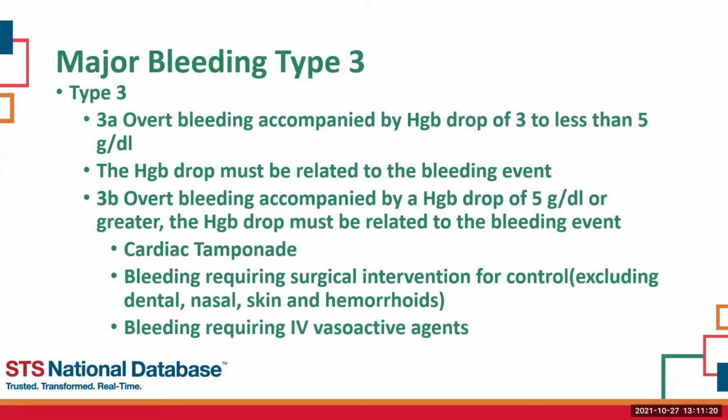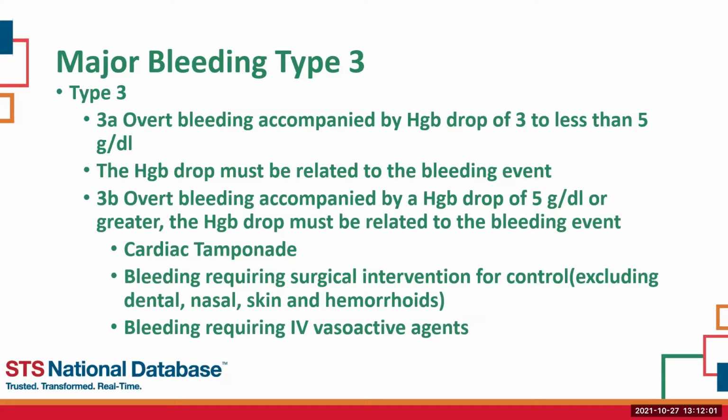Our major bleeding type 3, we have 3A and 3B. 3A is overt bleeding accompanied by a hemoglobin drop of 3 to less than 5, and the hemoglobin drop must be related to the bleeding event. 3B is overt bleeding accompanied by a hemoglobin drop of 5 or greater, and the hemoglobin drop must be related to the bleeding event, such as cardiac tamponade, bleeding requiring surgical intervention for control, excluding dental, nasal, skin, and surgery for hemorrhoids.